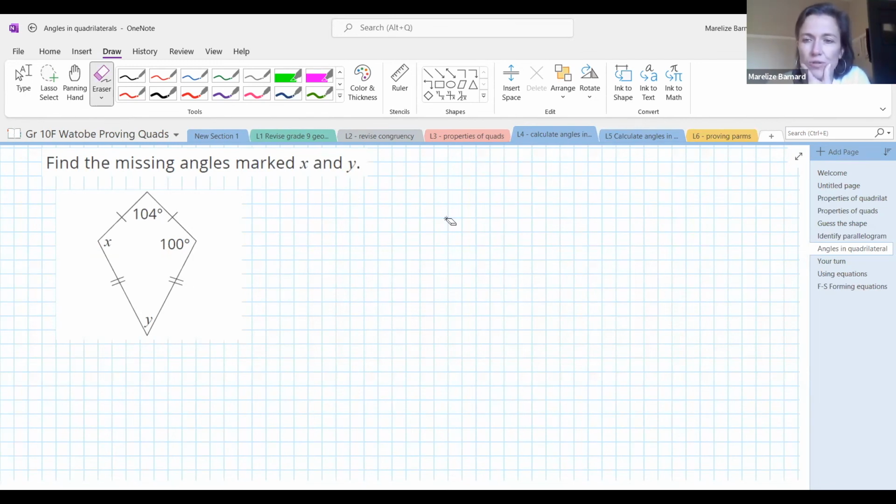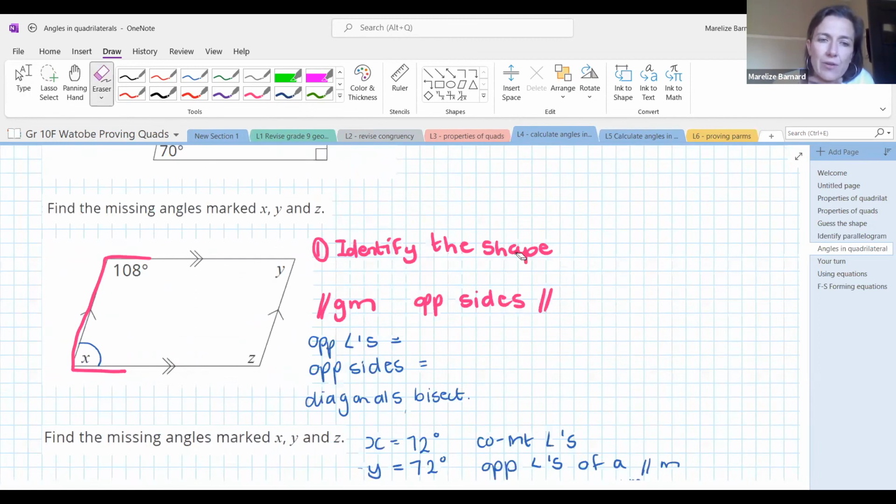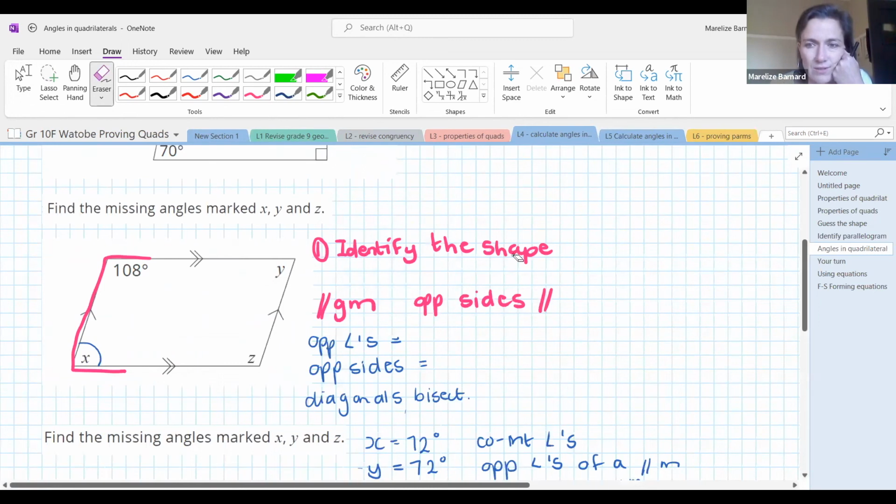So guys, the 72 comes from co-interior. Co-interior angles add up to 180. Don't put anything in the chat, and Saku, work on your own. Just work on your own now for the last question. I'm just helping Georgia Lynn with the X. That's 72.